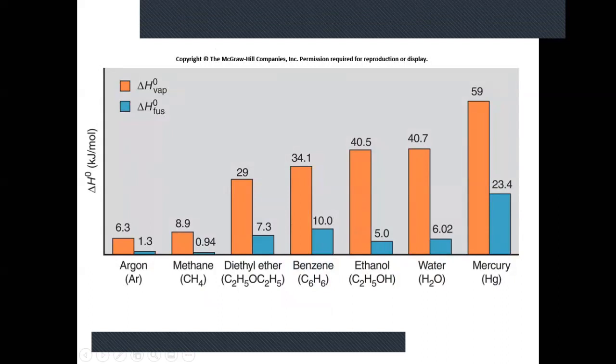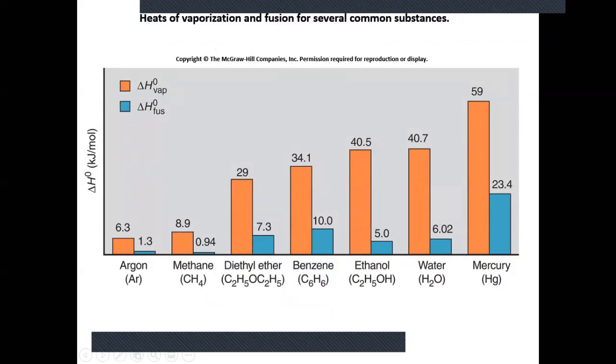So this is just a chart showing you the difference between heats of vaporization and heats of fusion. You'll see that argon and methane have very low heats of vaporization and low heats of fusion because they have very weak attractive forces. But when we go to things like ethanol and water and even benzene, you see that the heat of vaporization is very high.